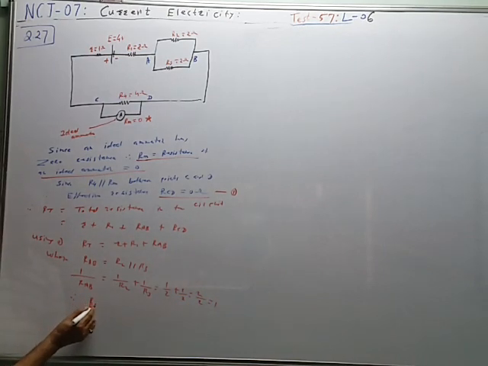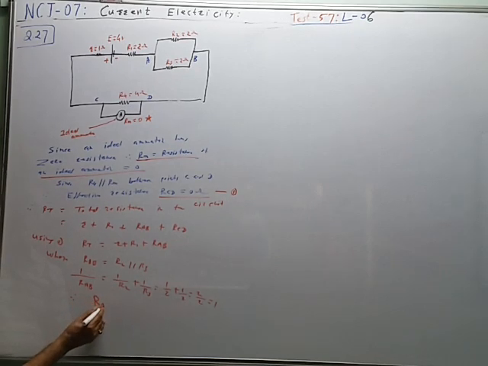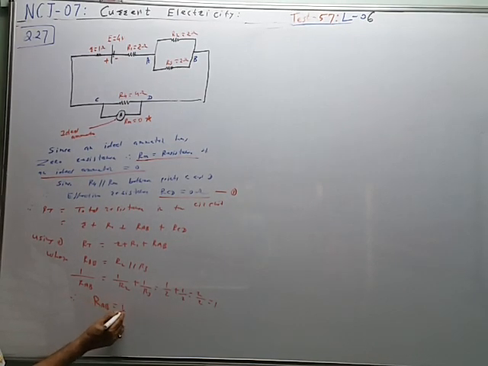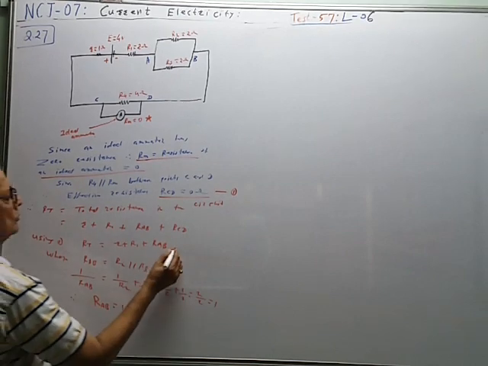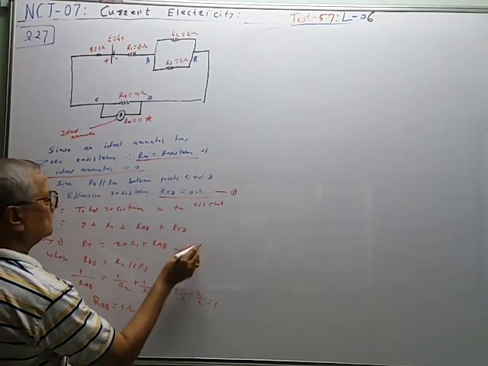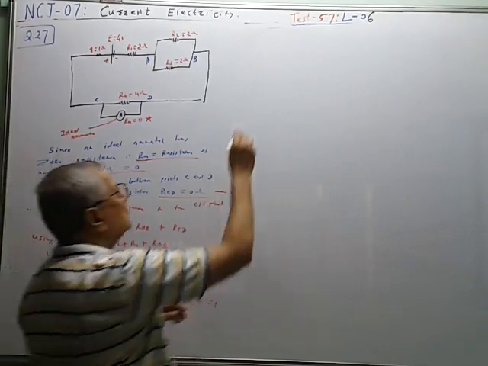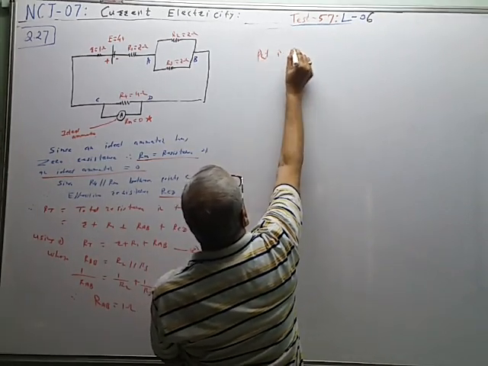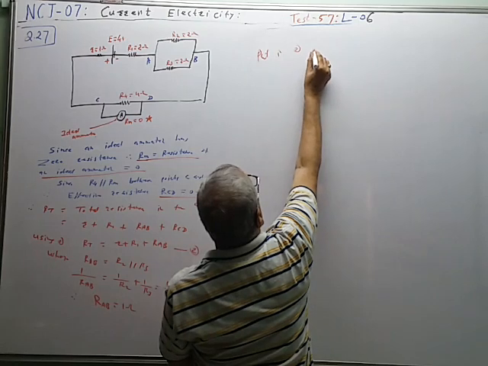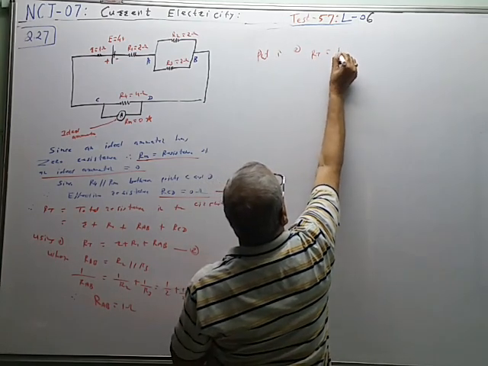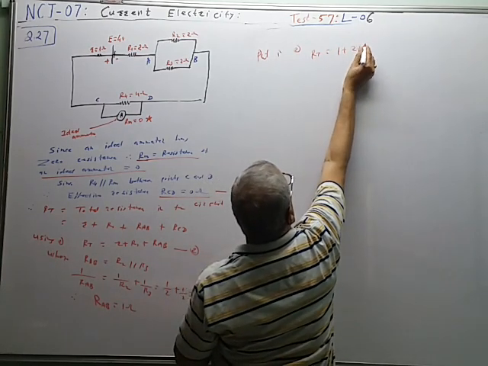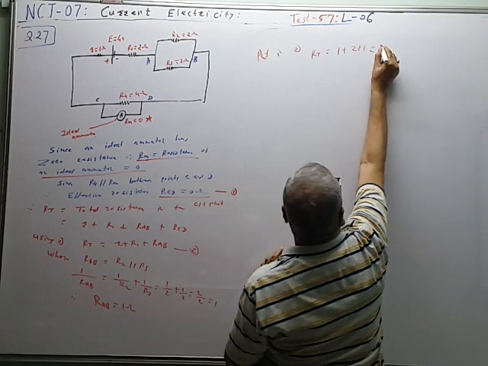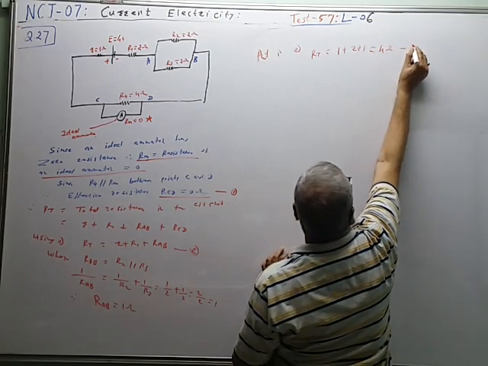Therefore, RAB is equal to 1 ohm. Say this is equation 2. So putting 2, total resistance RT is equal to 1 ohm plus 2 ohm plus 1 ohm, that is equal to 4 ohm. This is equation 3.